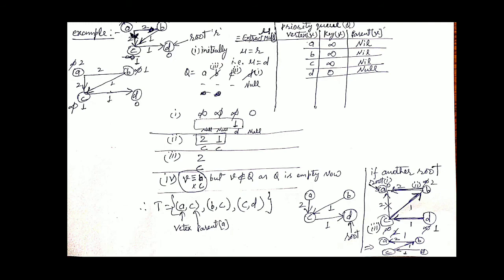They may be more than one according to the choice of root in Prim's algorithm. So similar to Kruskal's algorithm, for different students the answer may be different, but the total cost of the MST will be the same in all MSTs. Okay, so this is how we find the minimum spanning tree using Prim's algorithm.